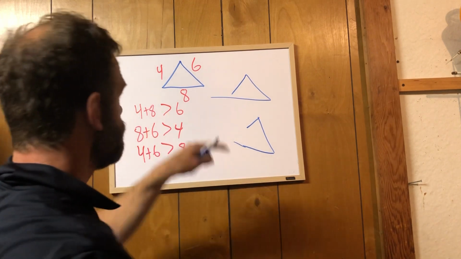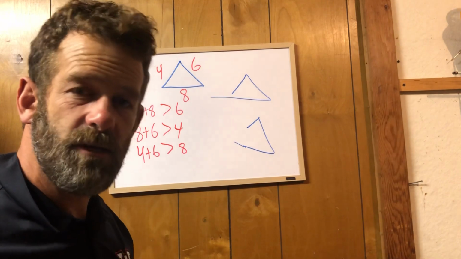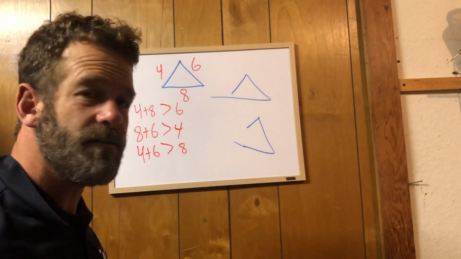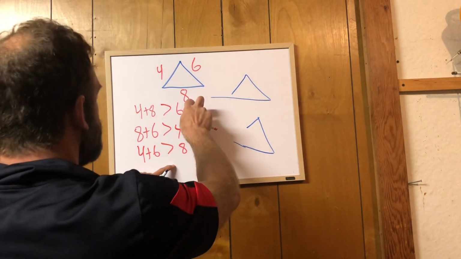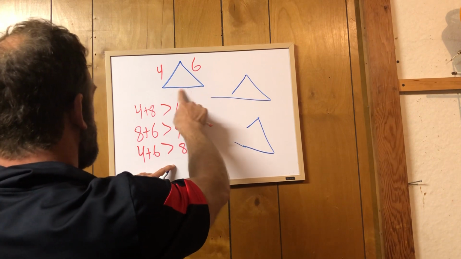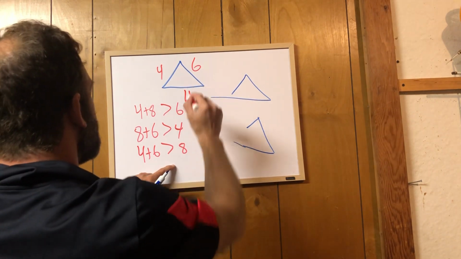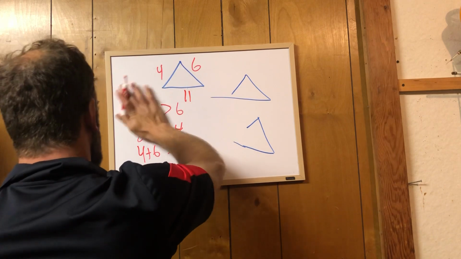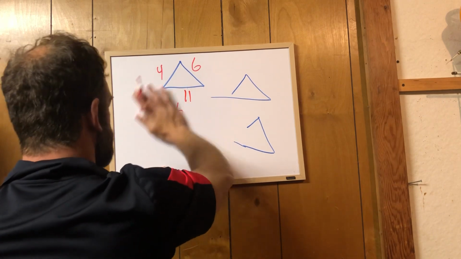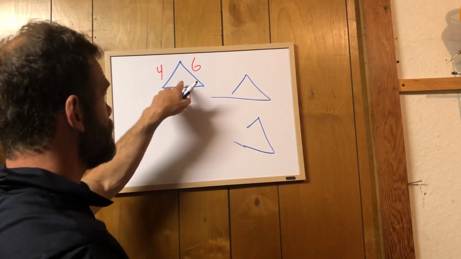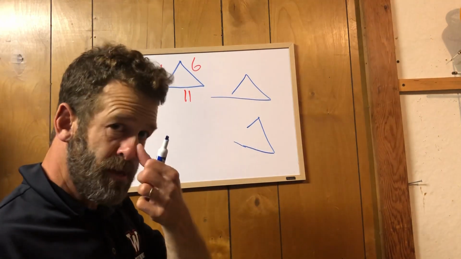So yeah, as long as you can add any two sides of the triangle, it has to be greater than the third side. Let's say this side right here was 11. And the question would be, would these three sides create a perfect triangle?